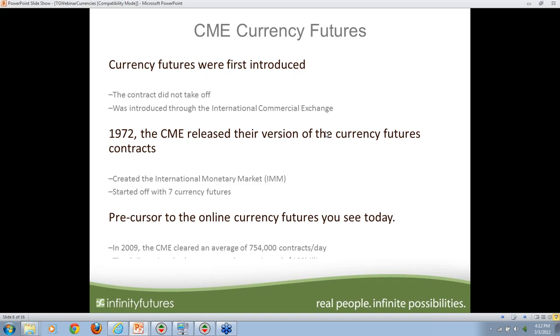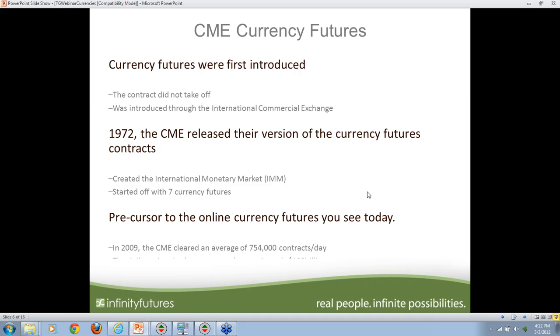Okay, next on the list is the precursor to online currency futures you see today. Back in 1997, that's when the futures, as I was mentioning, came online.